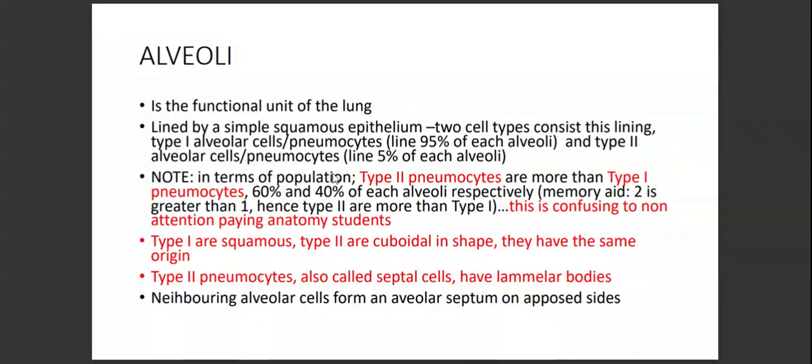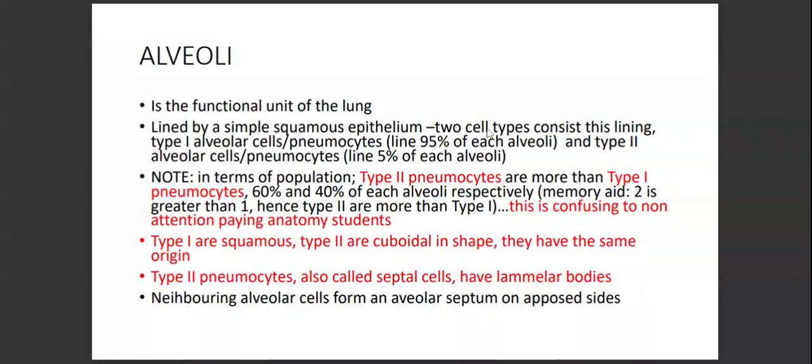In terms of population, we are saying type 2 pneumocytes are more than type 1 pneumocytes. So you see why I'm saying it's confusing. But type 1 pneumocytes line a larger surface of the alveoli compared to type 2 pneumocytes.